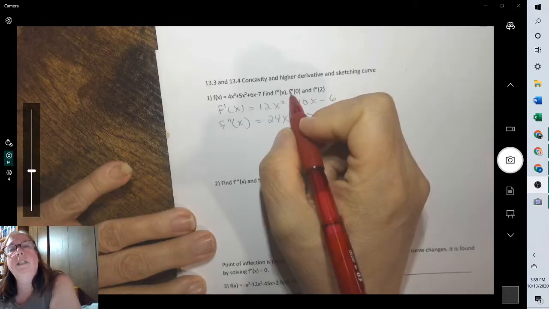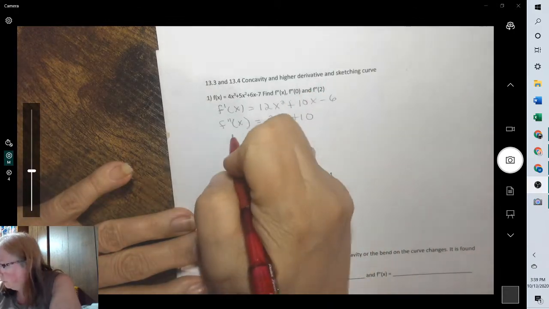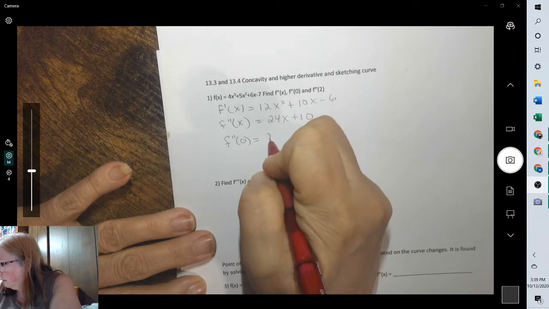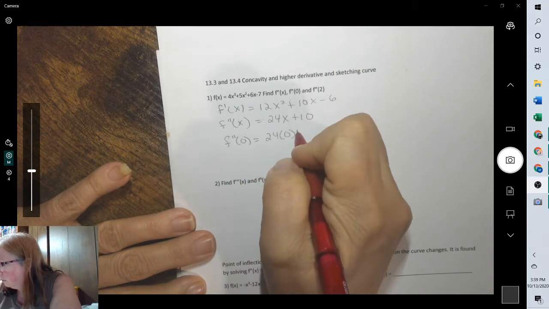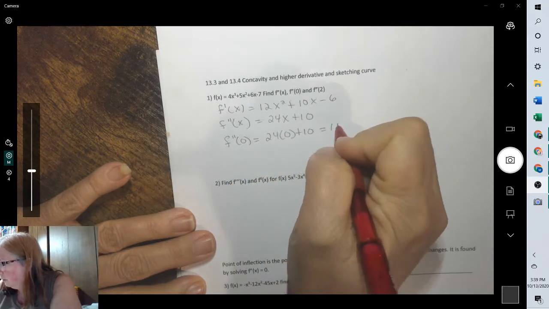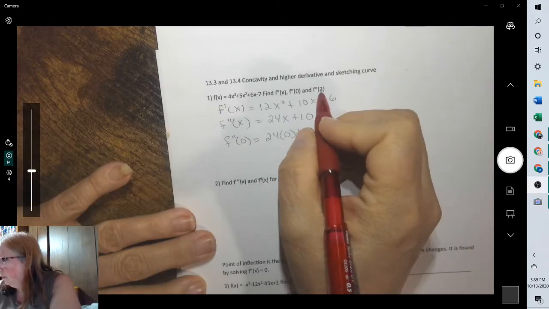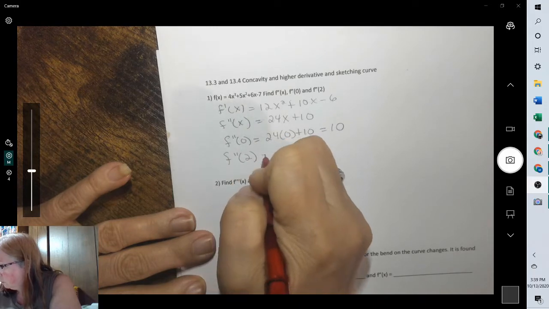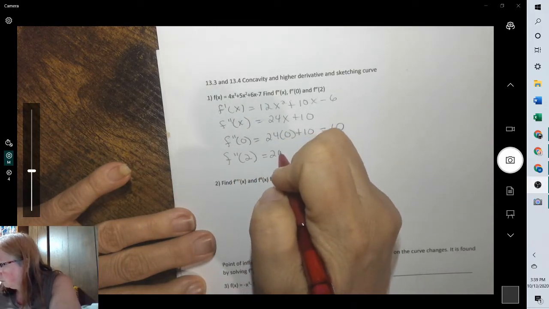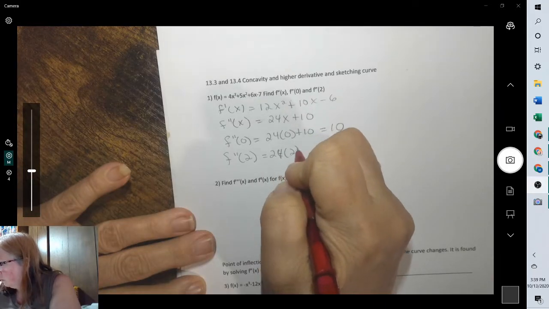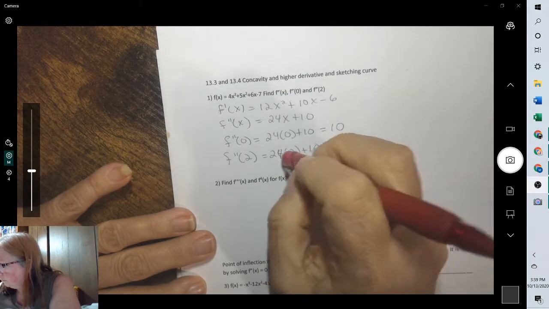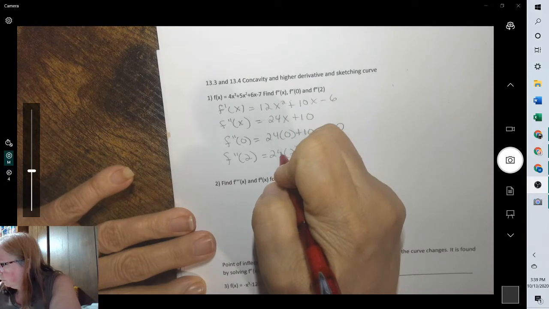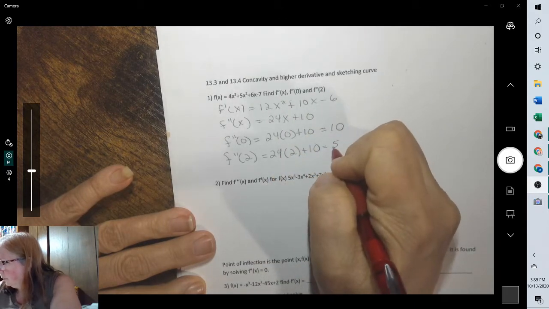Now this means take the second derivative and plug in 0. So we take this and plug in 0 and get 10. This one means second derivative, plug in 2, and that gives us 58.